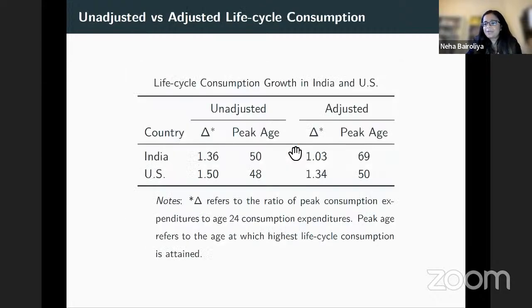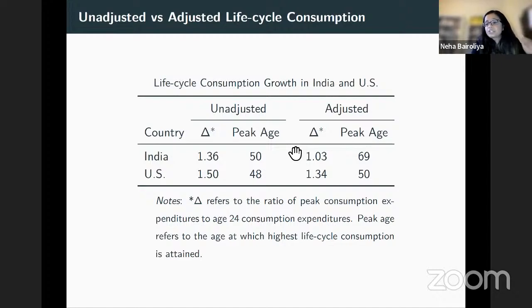Just to summarize what I have talked about so far, if you look at non-durable expenditures and compare that between US and Indian households, what we observe is that Indian households have comparable growth in total non-durable expenditures over the household life cycle, 36% versus 50% for US households, right?